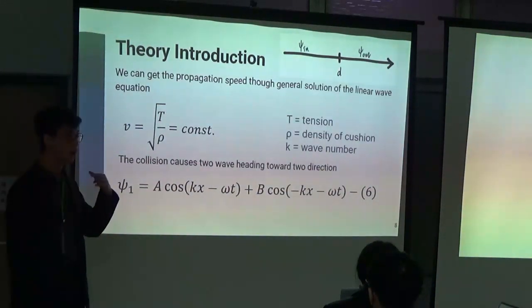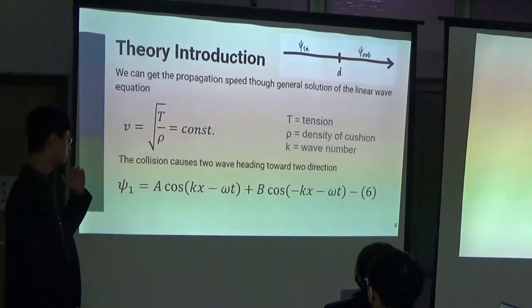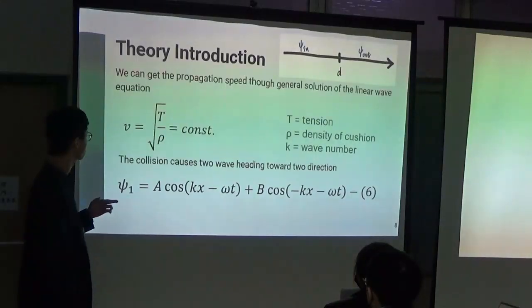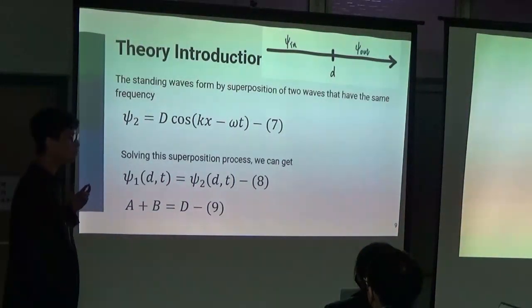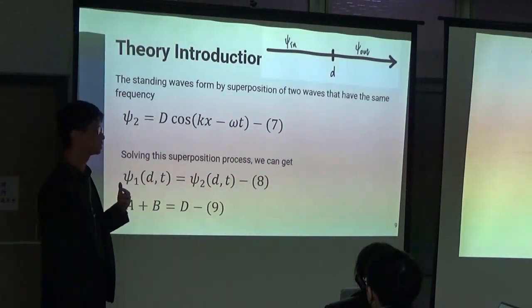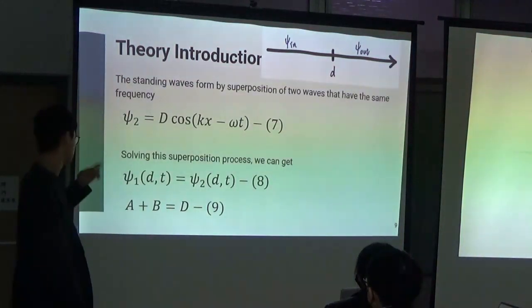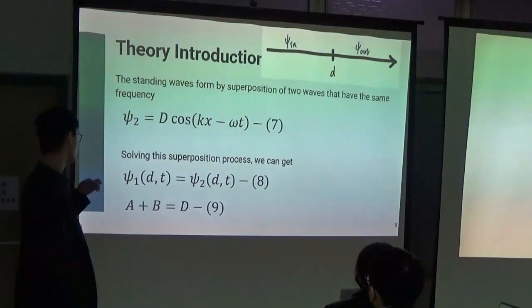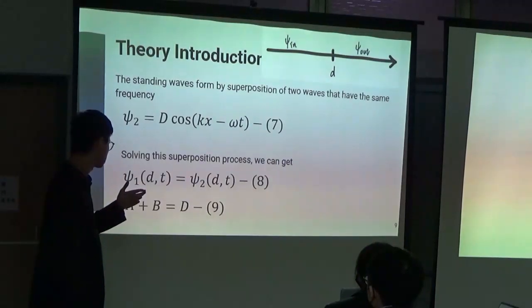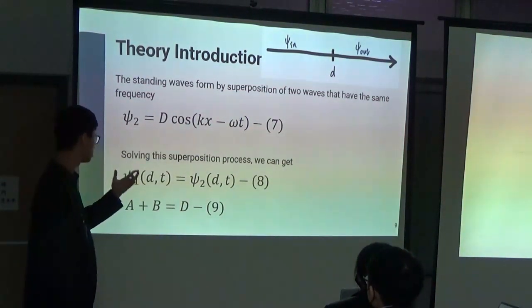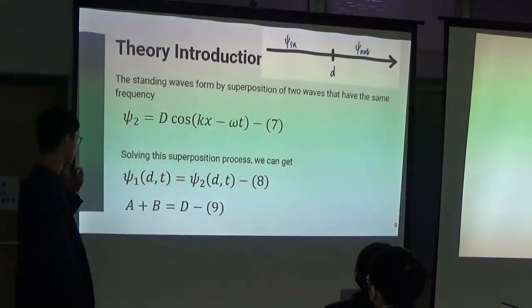The collision causes two waves heading toward two directions. The standing wave is formed by the superposition of two waves that have the same frequency, and we can get equation 7. Solving this superposition process, using this boundary condition, we can get equation 9.